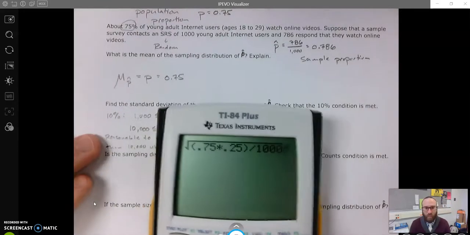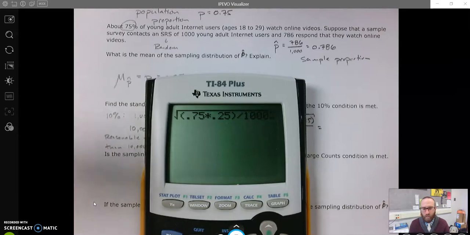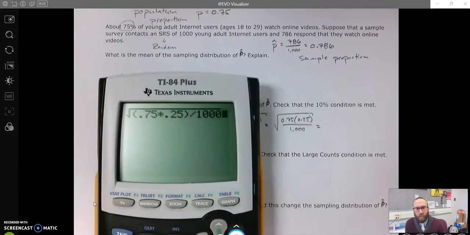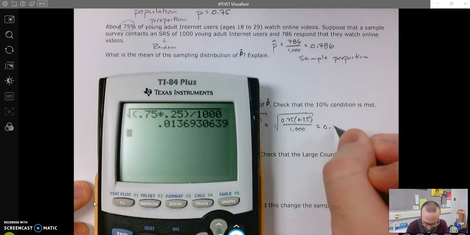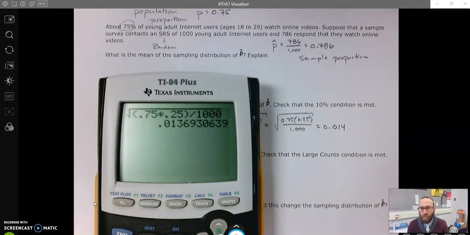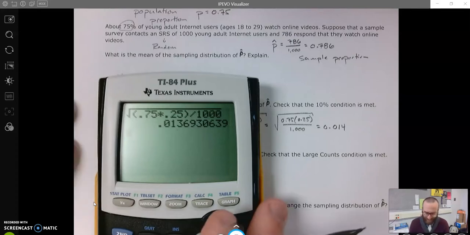If you want to do it all at once, that's what your screen should look like here. I'm sorry, blocking some light a little bit. Slide that over. And that's going to get me 0.014. Make sure you're just really careful with decimals here, because I made this whole video earlier and realized that I forgot that second zero. So we're going to redo it. All right.